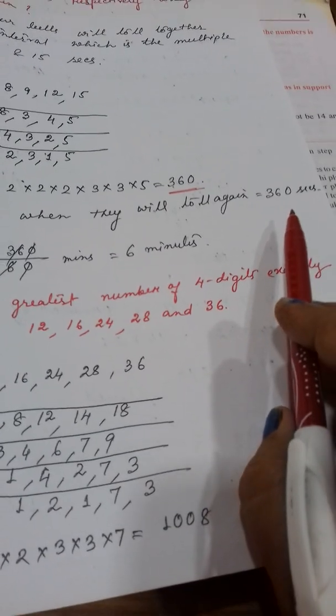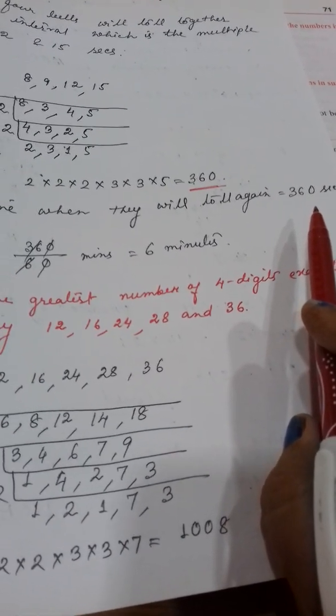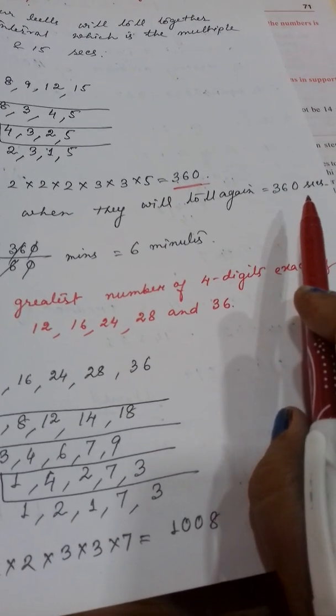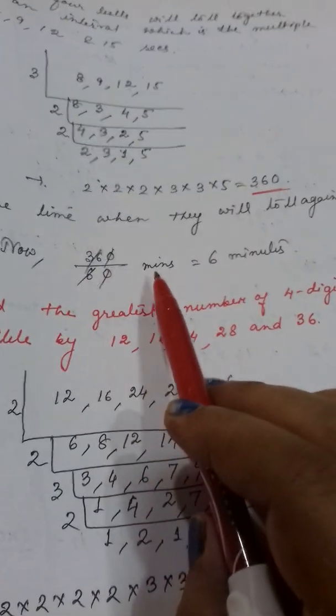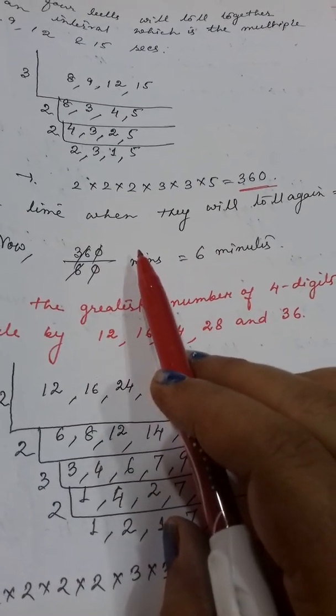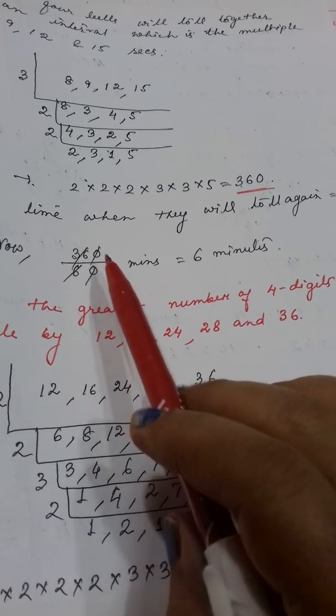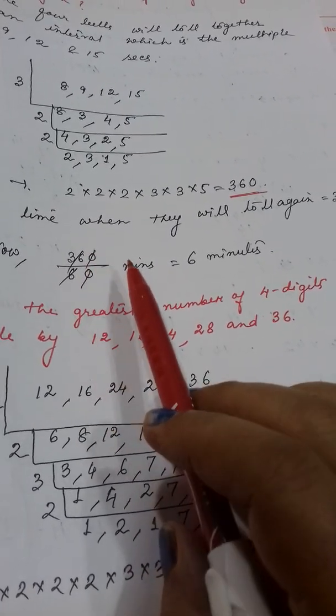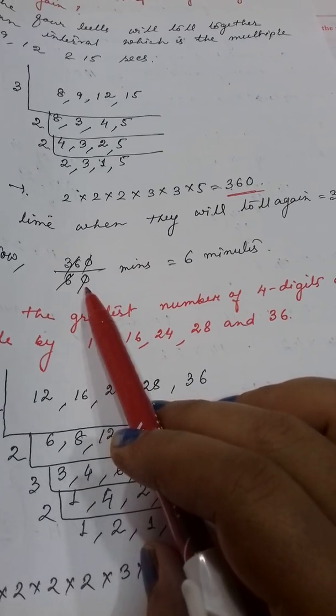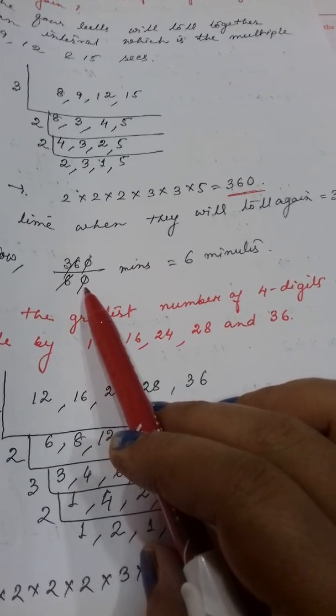Now always we find the time either in hours or in minutes. So I will convert these seconds into minutes. You know 1 minute is equal to 60 seconds. So if you convert 360 seconds into minutes, you will divide by 60. Yes or no?